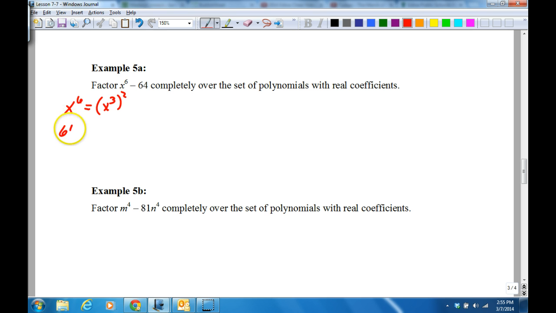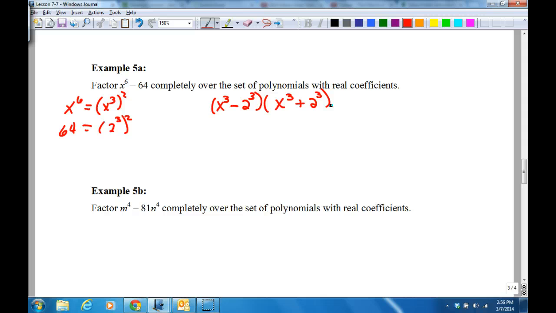And 64 is the same thing as 2 to the 3rd power, to the 2nd. Okay? So I'm going to use the difference of squares. We're going to do the conjugate thing for this. So I have x to the 3rd minus 2 to the 3rd and x to the 3rd plus 2 to the 3rd.